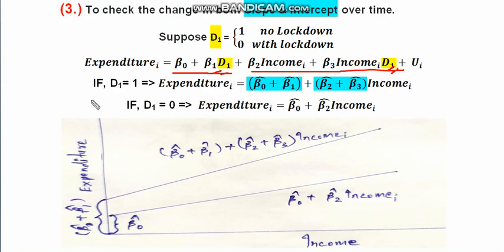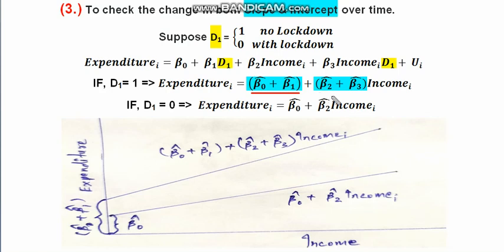Now when you estimate this equation, if your d1 is equal to 1, then automatically we get beta naught cap plus beta 1 cap, since d1 becomes 1. Now the same thing for the other independent variable including the dummy variable.